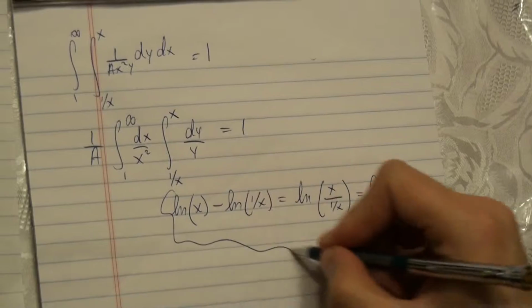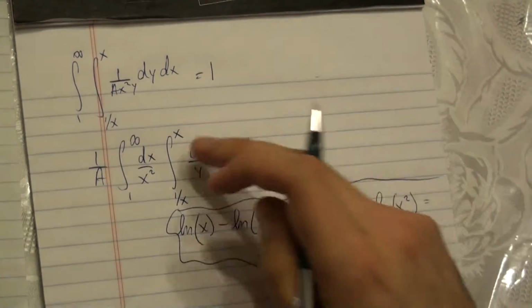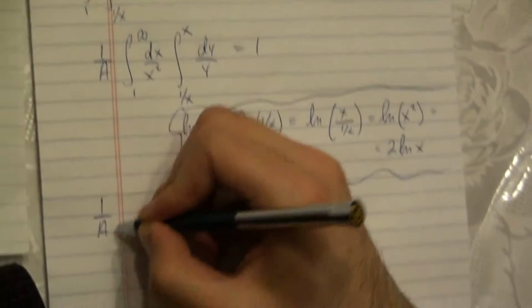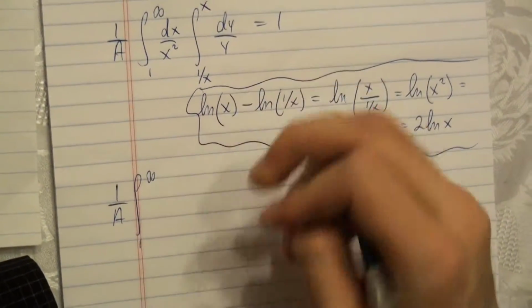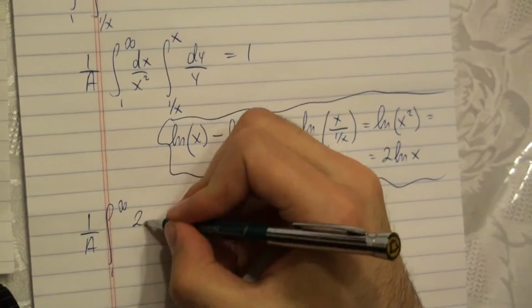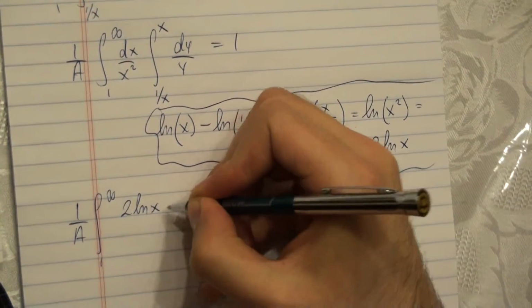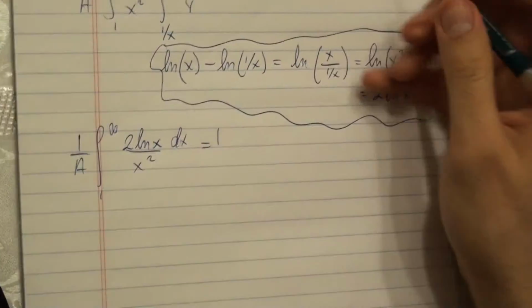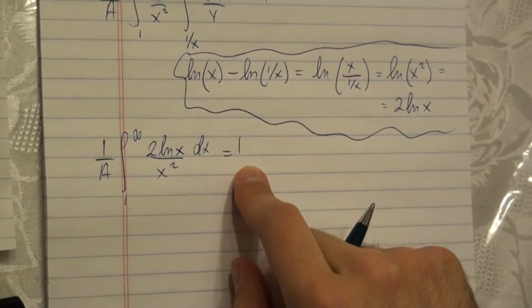So this is just an aside: this first integral is just 2 ln of x. So we get 1 over a, integral from 1 to infinity, 2 natural log of x dx over x squared, and this is supposed to equal 1.